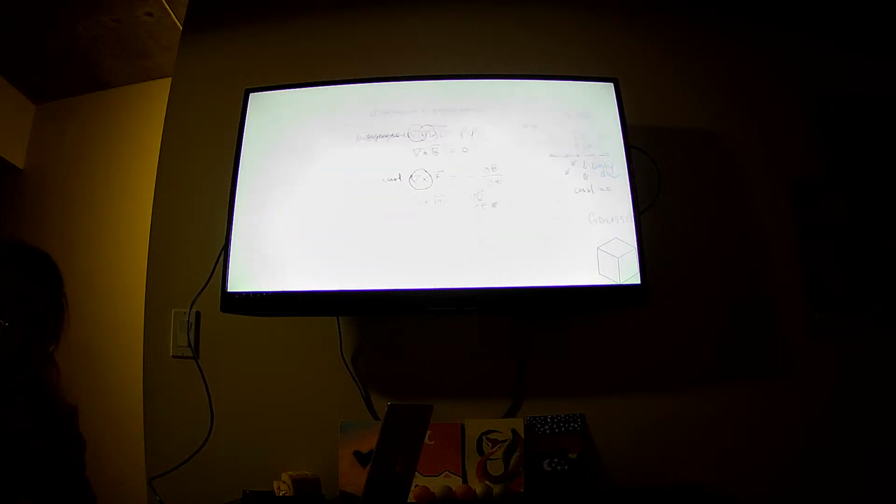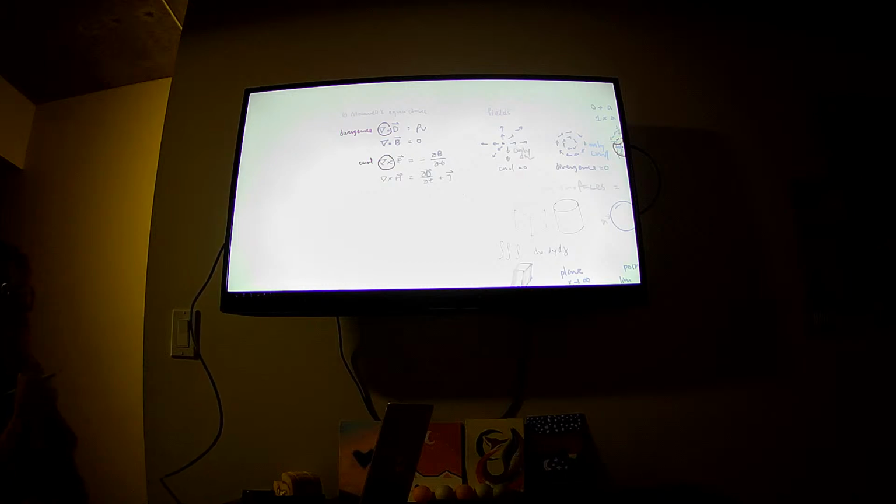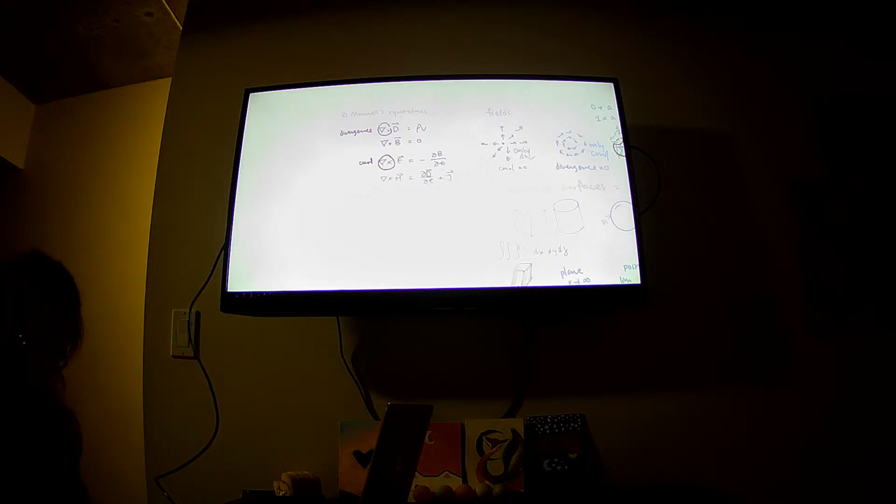So these are Maxwell's equations. Now can you sort of guess what they mean? This is very simple. We have the divergence of B, so I'll just write what these things are. D is the electric flux density.